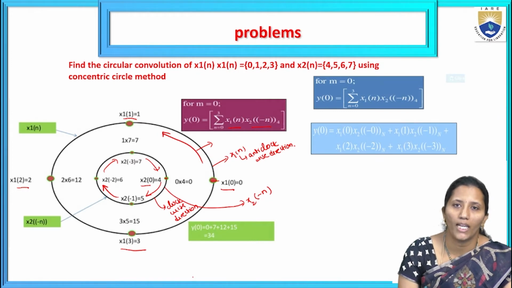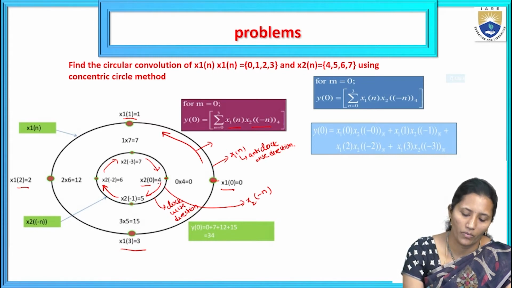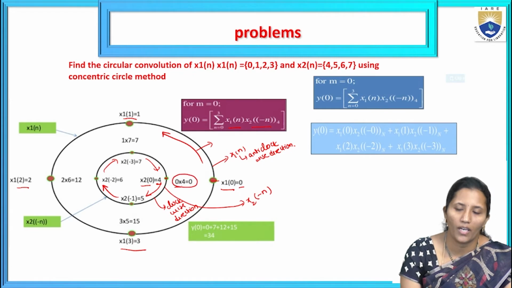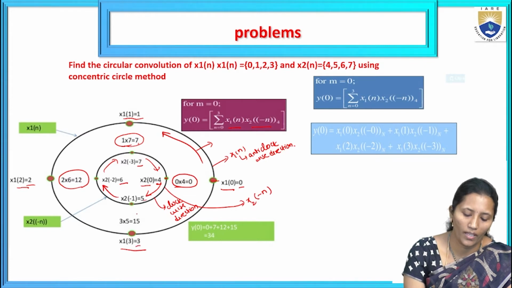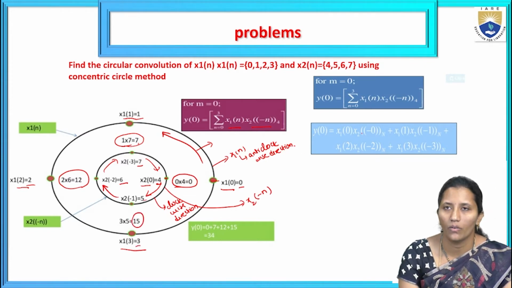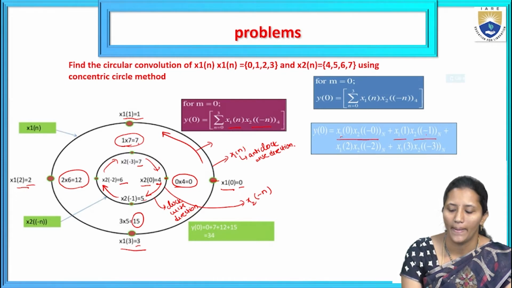Then we have to multiply the corresponding sample values, the magnitudes. So 0 into 4 gives 0, 1 into 7 gives 7, 2 into 6 gives 12, and 3 into 5 gives 15. In the formula, if we substitute the n values, it is x1 of 0 into x2 of minus 0 modulo 4, x1 of 1 into x2 of minus 1 modulo 4, x1 of 2 into x2 of minus 2 modulo 4, and x1 of 3 into x2 of minus 3 modulo 4.